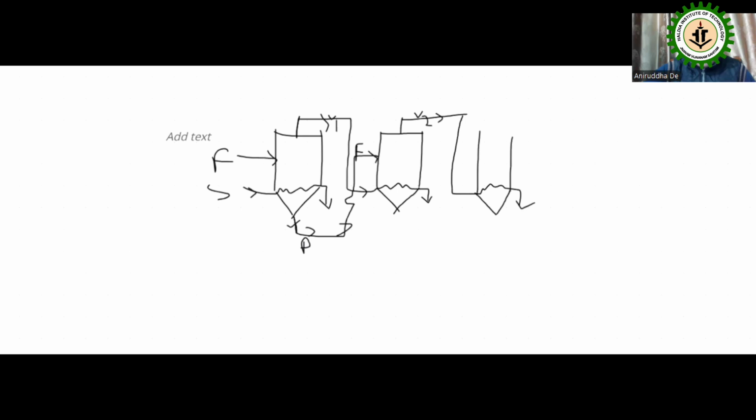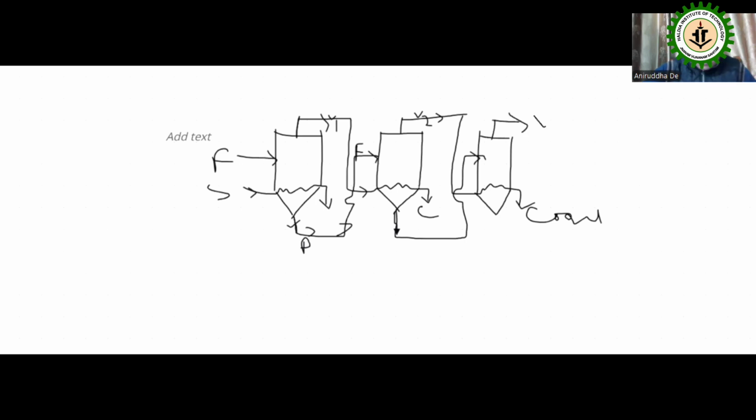Here we get the condensate, and here we get the condensate. The concentrated product is used as feed material, and you get the vapor V3.